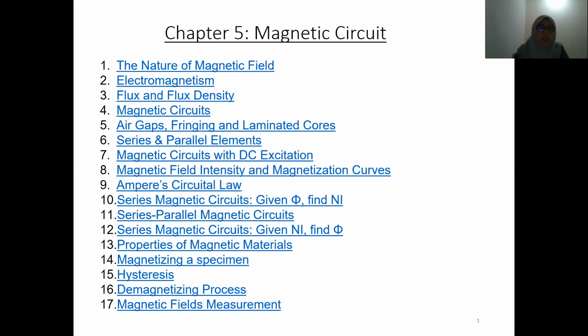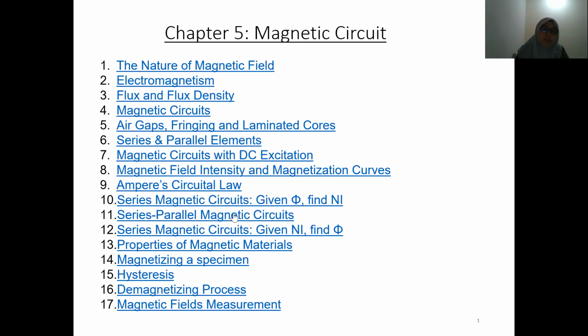Then electromagnetism, flux and flux density, magnetic circuits, air-gap regions, series and parallel elements, magnetic circuit with DC excitation, magnetic field intensity and magnetization curves, and Ampere's circuital law. Series magnetic circuits are where the flux is given and you have to find the NI.